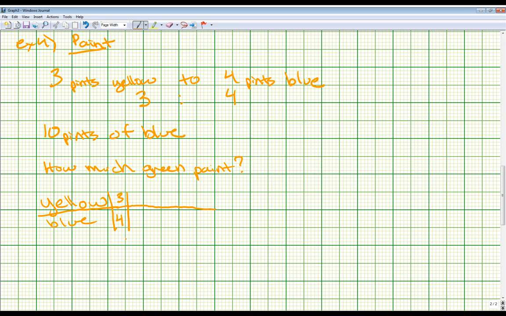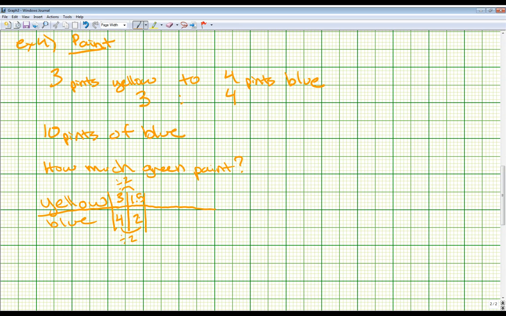So kind of like example 3, we're going to start by cutting this in half, divide by 2. So half of 4 would be 2. Now 3 doesn't cut in half very nicely. However, it's just going to be a 1.5. So half of 3 is 1.5, because if I added 1.5 plus 1.5, I would get to 3.